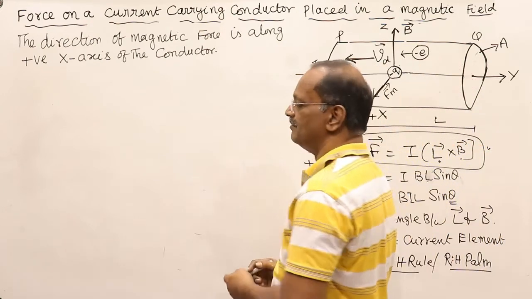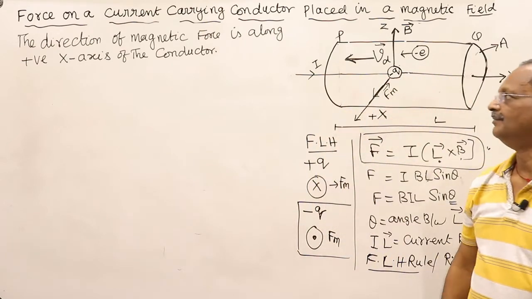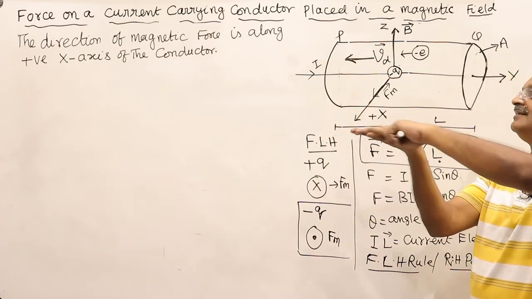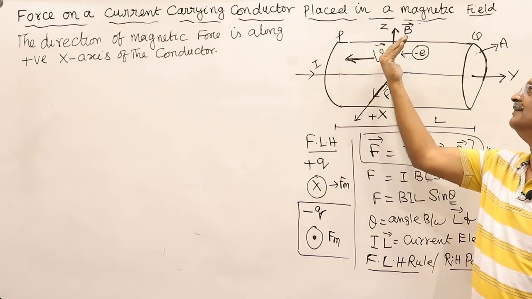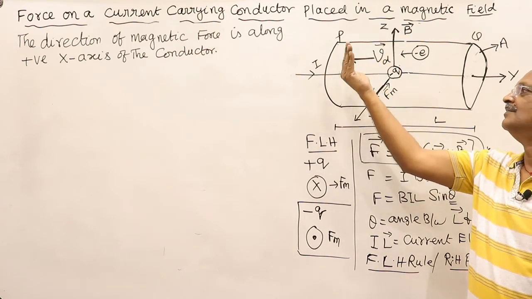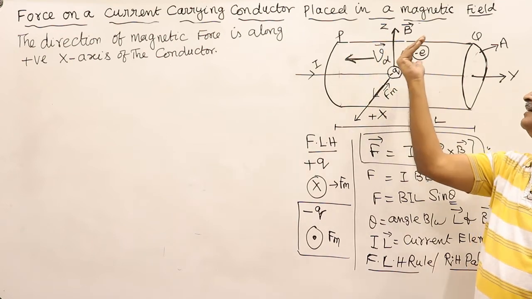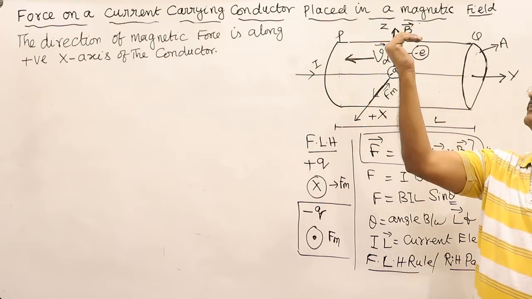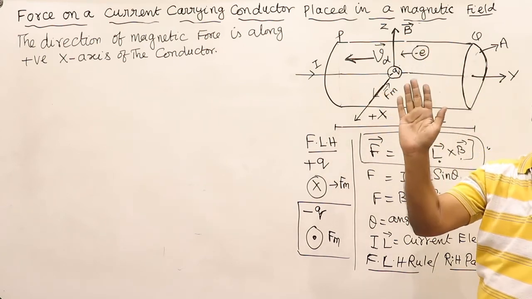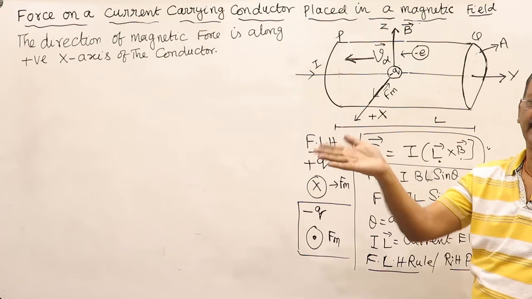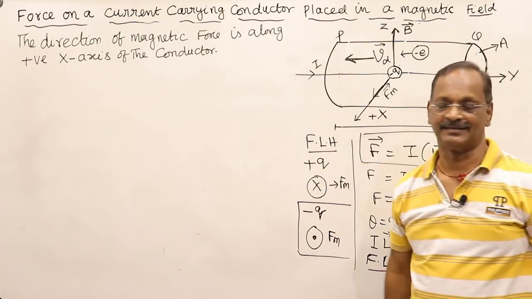Let us use the right hand palm rule. This is the right hand palm rule. In the direction of velocity we are keeping, and we are moving towards the B. First velocity, move the finger towards the direction of B. This rule is always for the positive charge, and for the negative charge it is in the opposite direction.